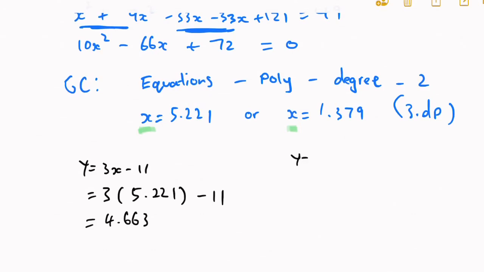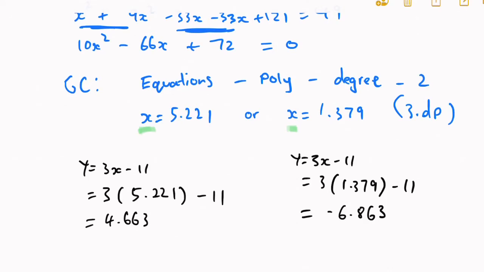And the other one, calculator, you should get minus 6.863. So immediately, a length cannot be negative, so we can say goodbye to that.